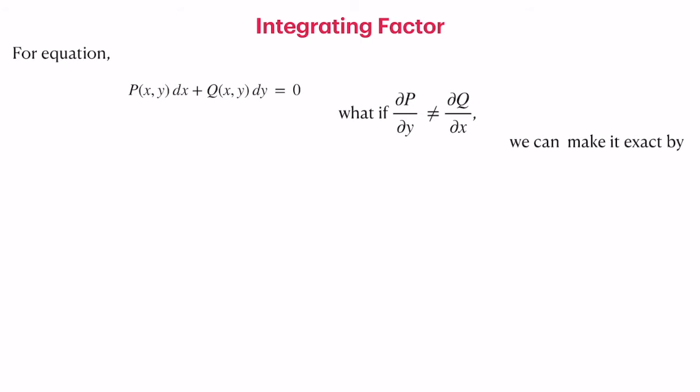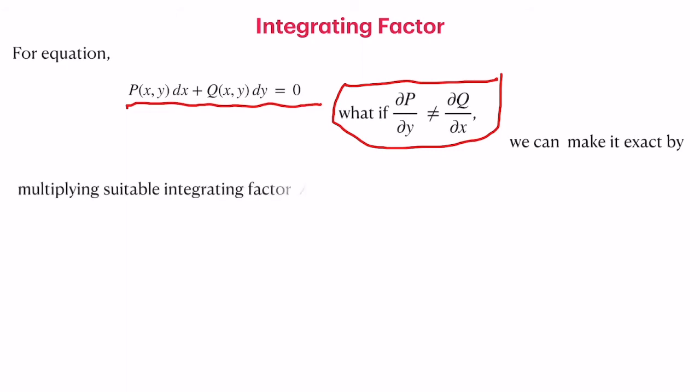Now let's start with the differential equation P dx plus Q dy is equal to 0, and here we assume that the differential equation is not exact, that is dP by dy is not equal to dQ by dx.